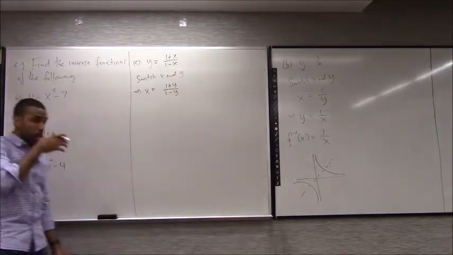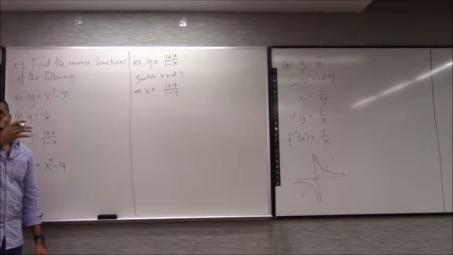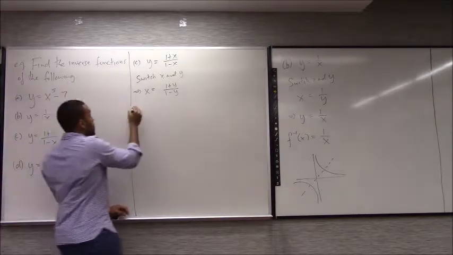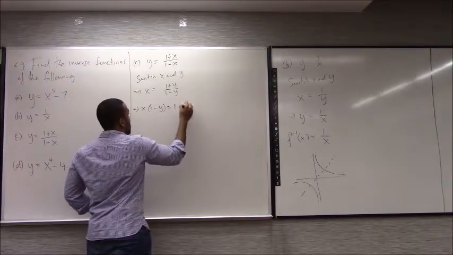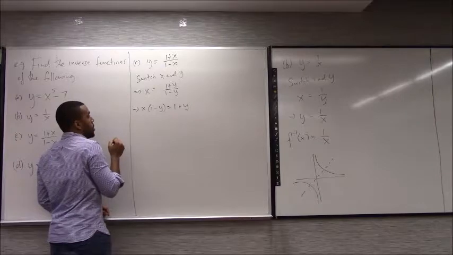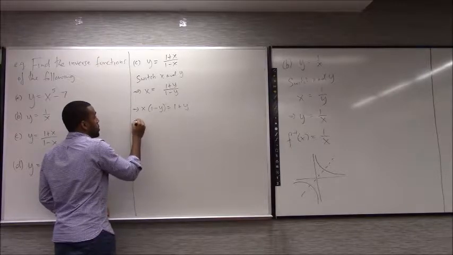How do we solve that for y? Yeah? Multiply the 1 minus y over, and then factor that out. And then do what? Factor what out? Distribute. Or, sorry, distribute. Yes, thank you.